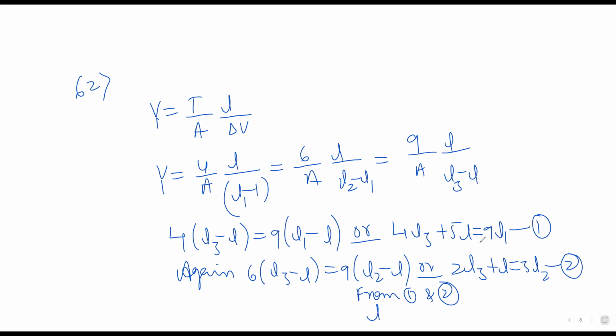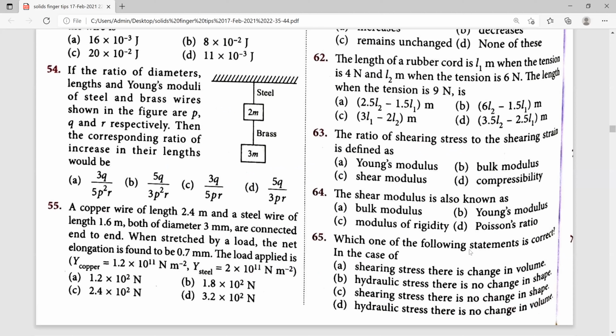So after simplifying, we get L3 value as 2.5 L2 minus 1.5 into L1 meter. So according to this, for 62nd one, the right answer is A.